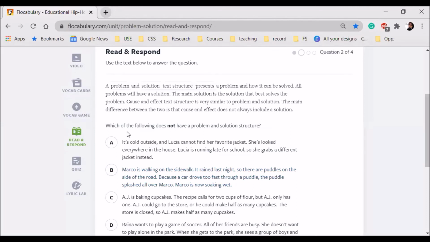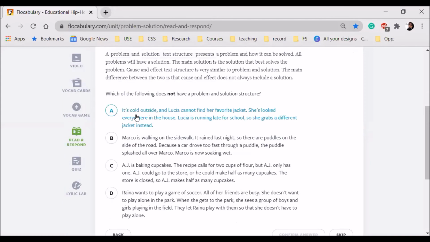Which of the following does not have a problem and solution structure? Read the statements and tell which one does not have a problem and solution structure. What do you think? D, ma'am. When we look at the structure of D carefully, earlier the problem was that Raina was not playing for them.